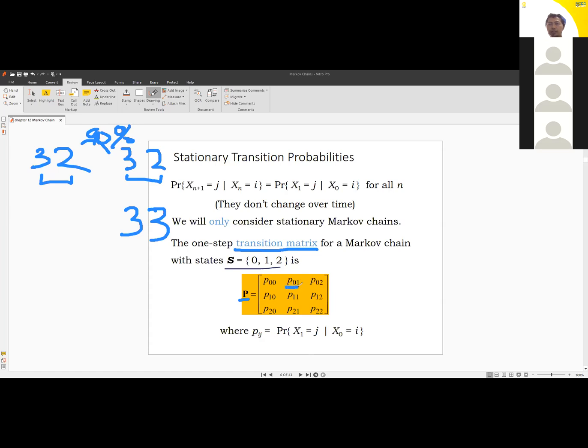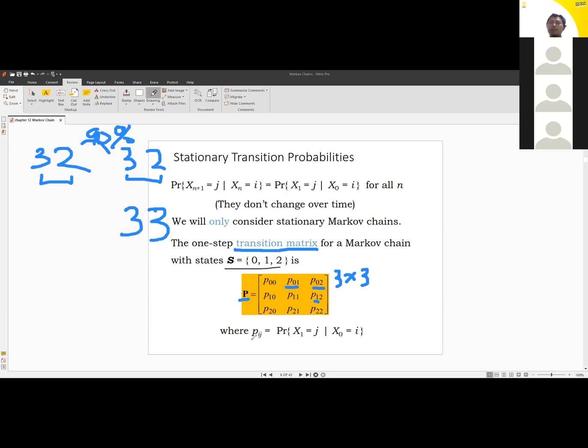Let's say P01 is the probability of the state changing from 0 to 1, and so on. Because we have 3 states, we have a 3 by 3 matrix. Any questions?